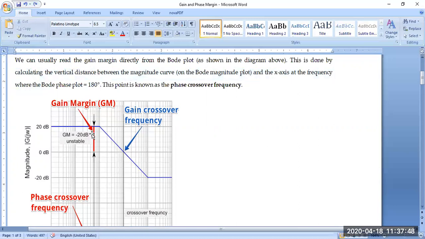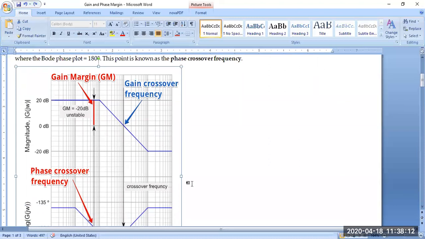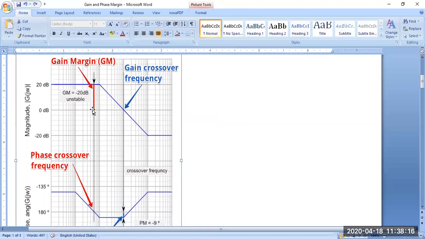This red line is the vertical distance between the magnitude curve and the x-axis at the frequency where the Bode phase plot is 180 degree. So you have to find out the frequency where the Bode phase plot is 180 degree.